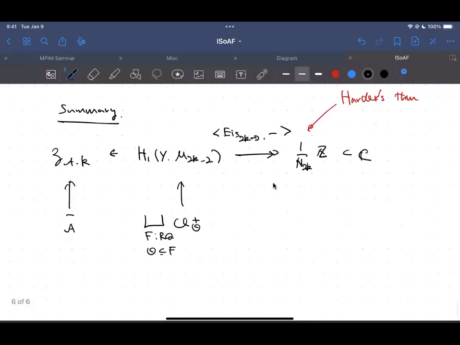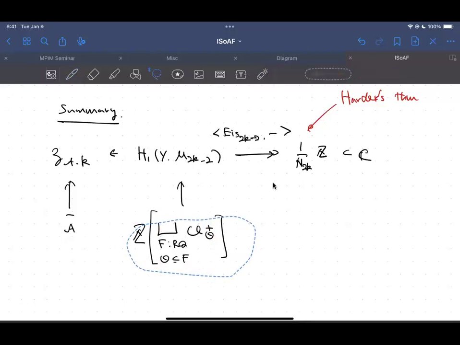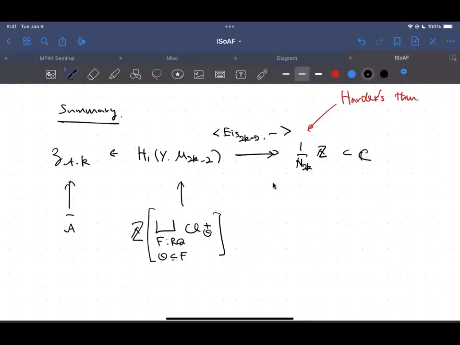And for later convenience, although this is simply a map of sets, I would like to make it into a homomorphism, and I would like to denote this DK.